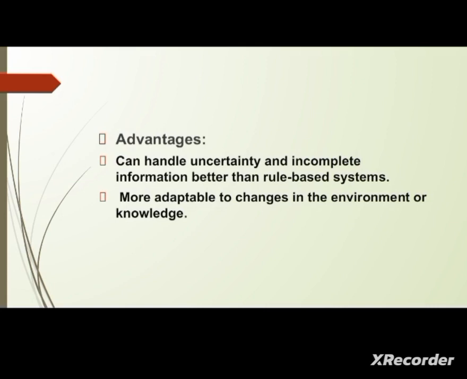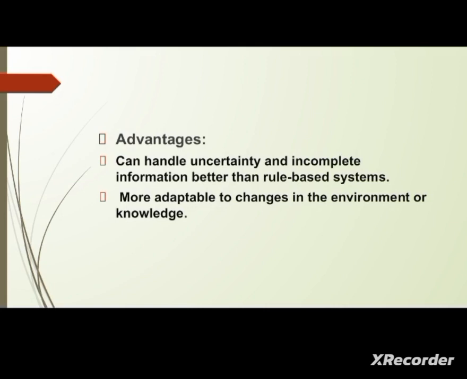So I am concluding my topic. Today I talked about the rule-based system, the rule-based expert system, and the model-based system. The rule-based system uses a collection of if-then rules to make decisions or solve problems.